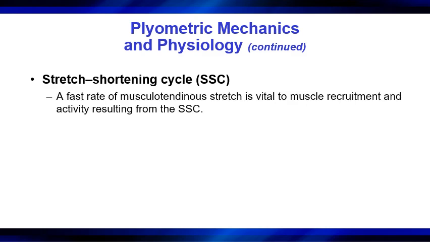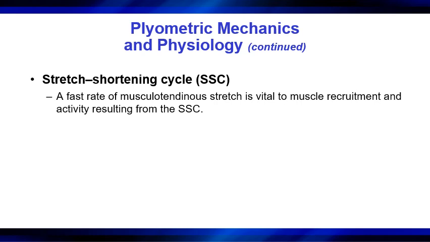In looking at the stretch shortening cycle, a fast rate of musculotendinous stretch is vital to muscle recruitment and activity occurring from the stretch shortening cycle. Not only do we want a stretch to occur, but the idea is to have it occur fast. Think about testing your max vertical jump.